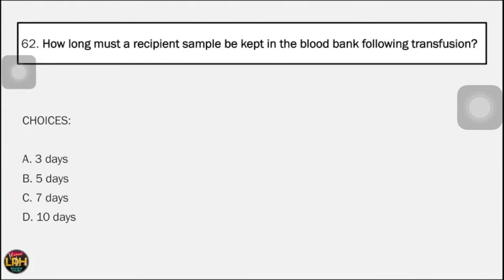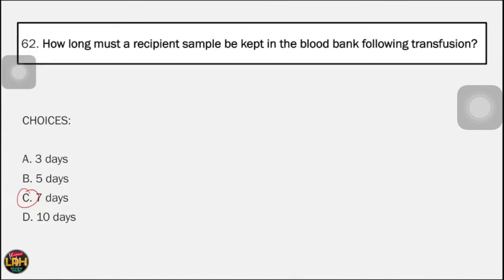62. How long must a recipient sample be kept in the blood bank following transfusion? So, number 62, the answer is 1 week or 7 days. The American Association of Blood Banks or AABB standards, 20th edition, mandate the minimum storage retention of recipients' samples.